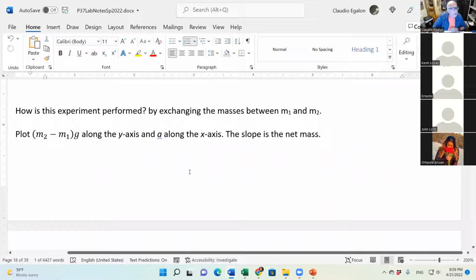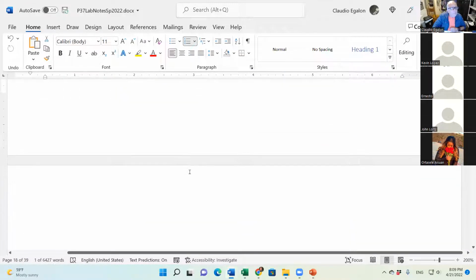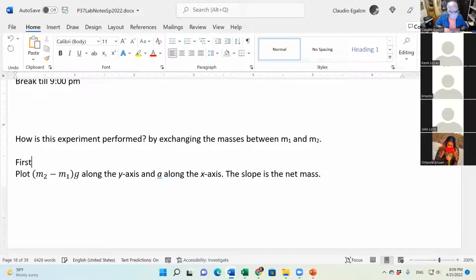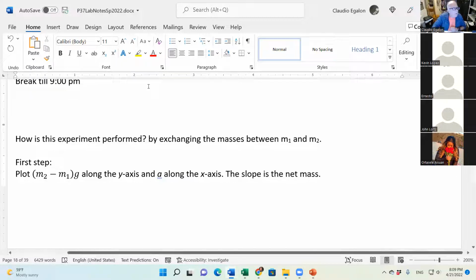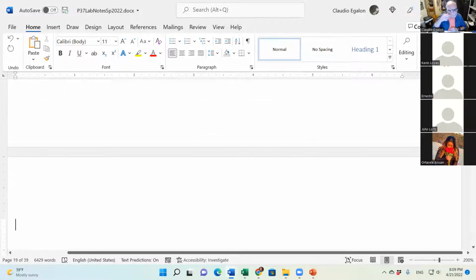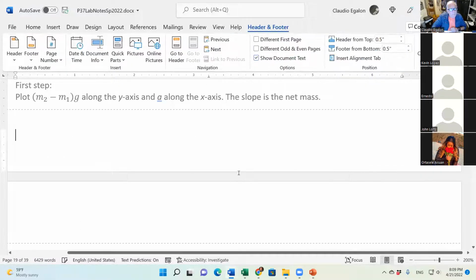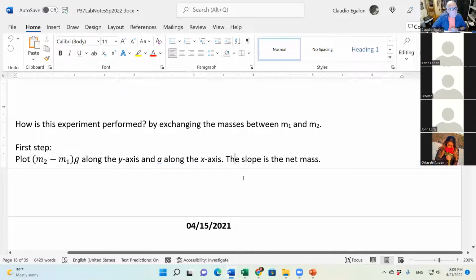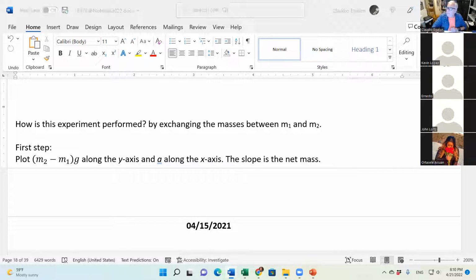First step: plot. Professor, what points did you say that we needed to use to plot the graph?